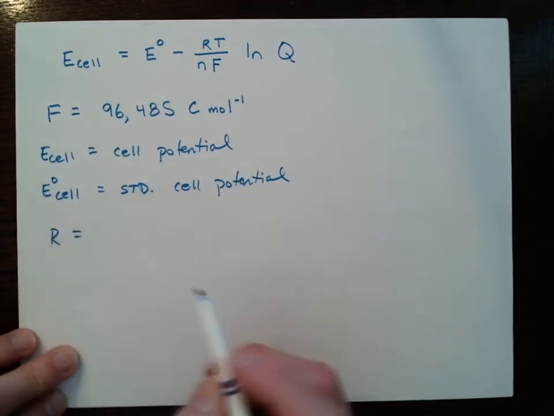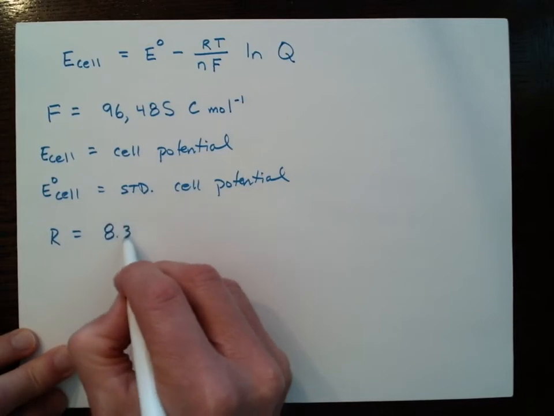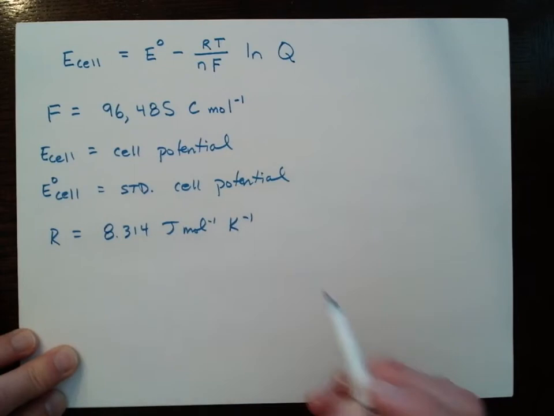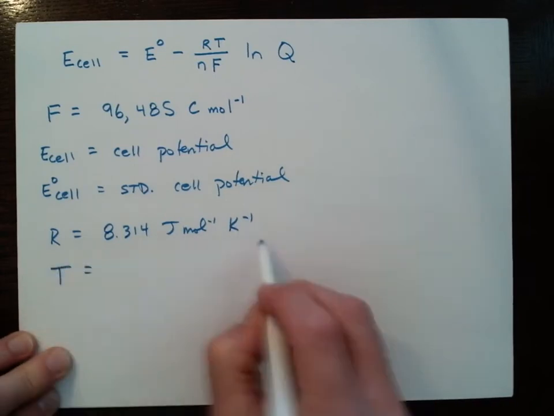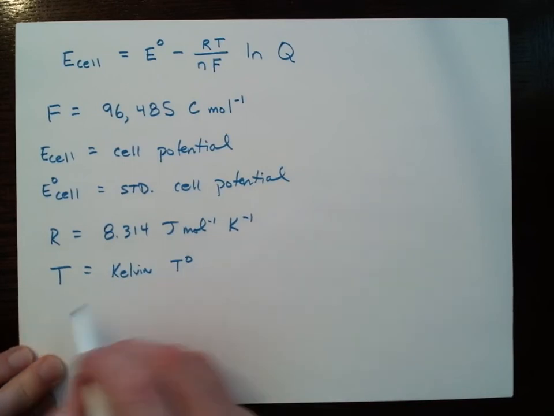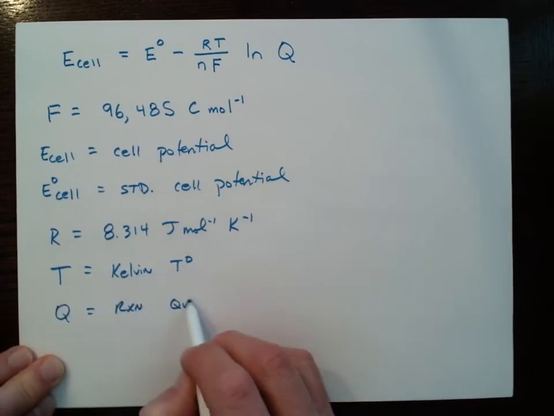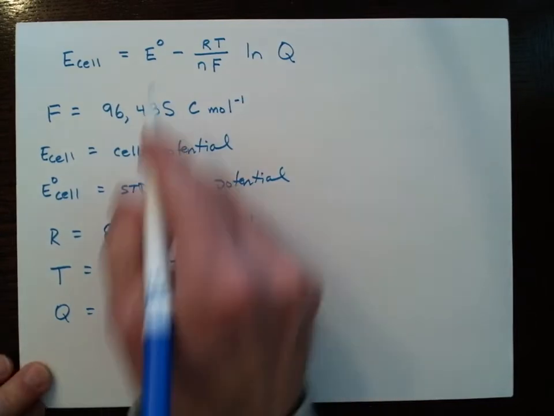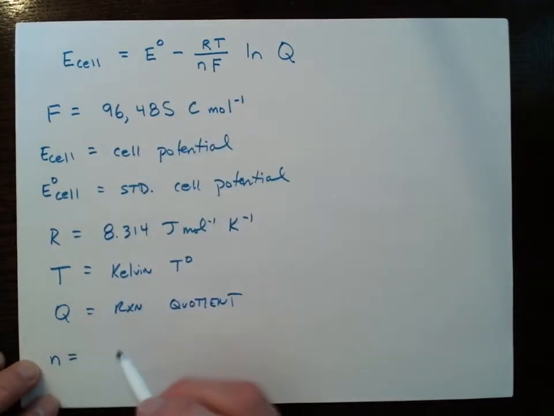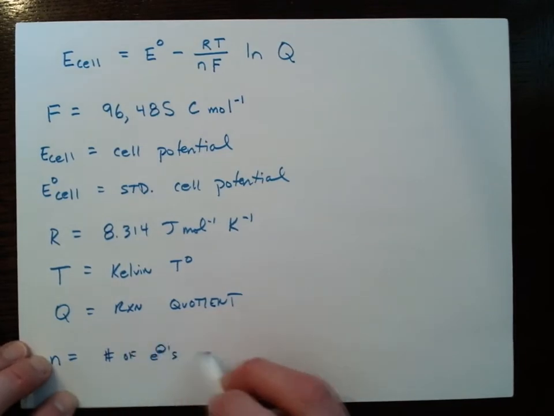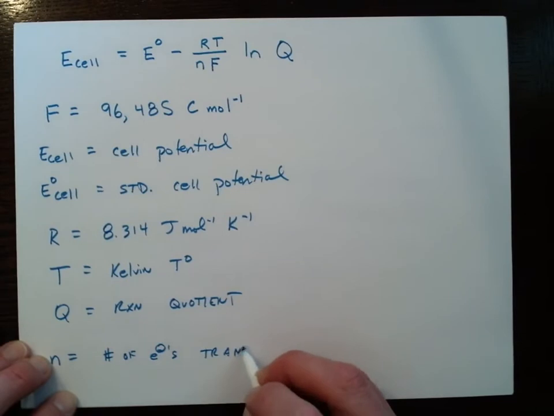R, we're going to use the physics gas constant, 8.314 joules per mole per Kelvin. T, therefore, had better be the Kelvin temperature. And Q is our reaction quotient. Oh, I didn't define N either. N is going to be the number of electrons transferred.